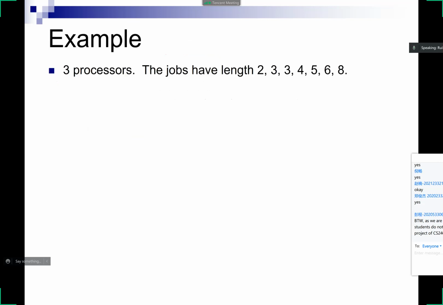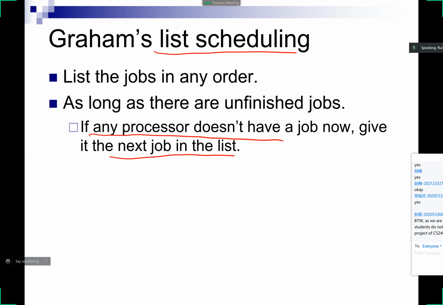That's the entire algorithm. Eventually the processors finish their jobs, and once any processor finishes, you give it the next job on the list until you've given out all the jobs.